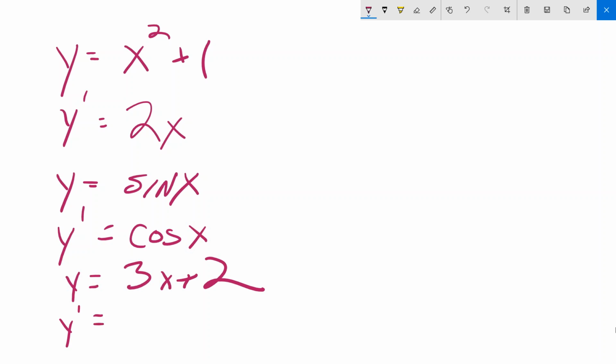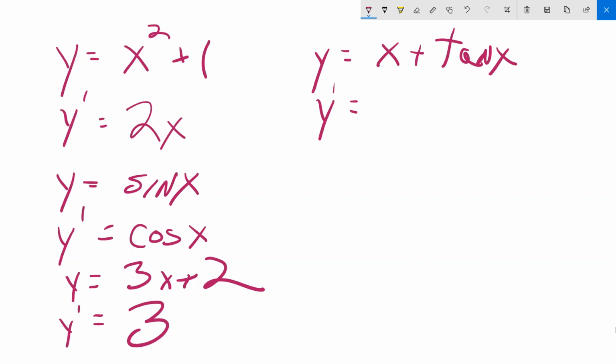That is 3, right? Yeah, if you get it right, I won't say anything. I'm assuming that we don't need to review it if you get it right. That is 1 plus cotan of x. No, the derivative of tangent is secant squared. Secant squared. Okay. And it's definitely worth memorizing all 6 trig functions.